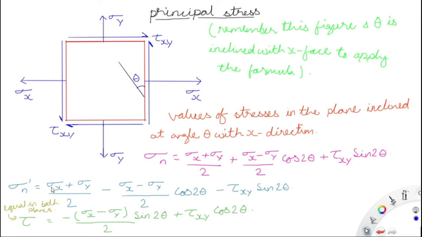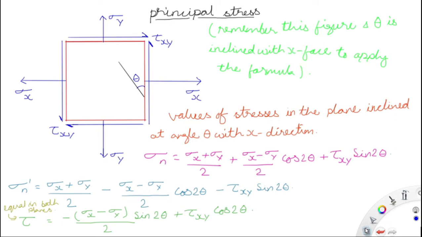Now the shear stress in that plane inclined at an angle theta is equal to minus (sigma x minus sigma y)/2 into sin 2 theta plus tau xy into cos 2 theta.